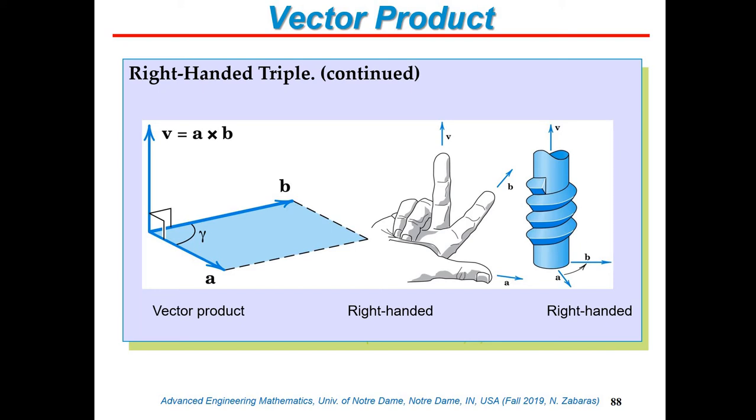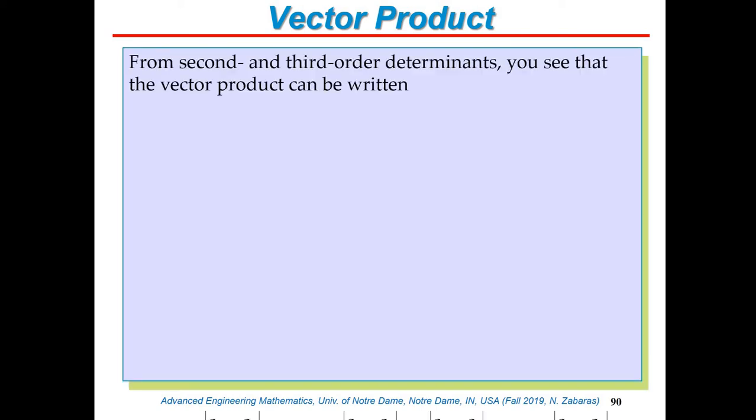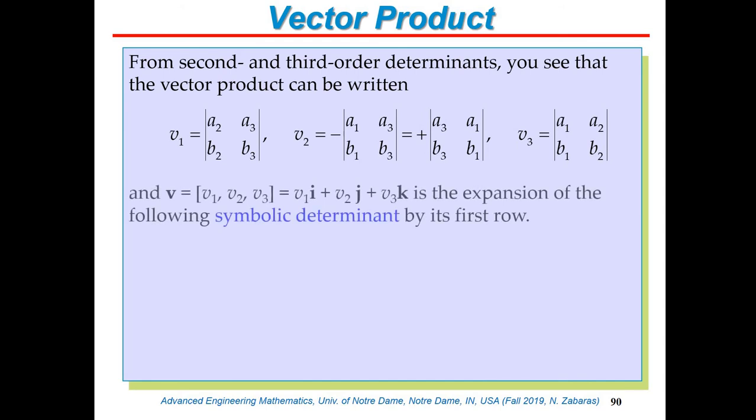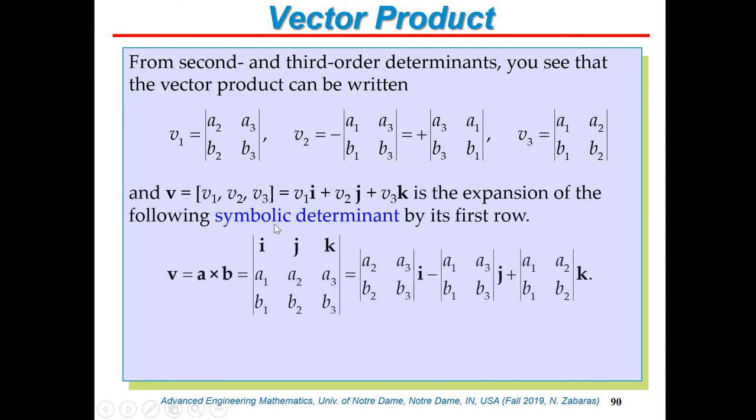Now, you may ask me again, what is the relation of all of this with determinants? Here is the answer. If you try to calculate the vector A cross B, you can symbolically write it as the determinant that you see here, where the first row are the unit vectors i, j, k in the directions 1, 2, and 3.